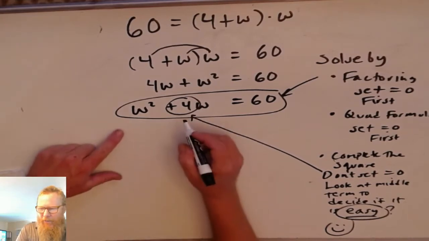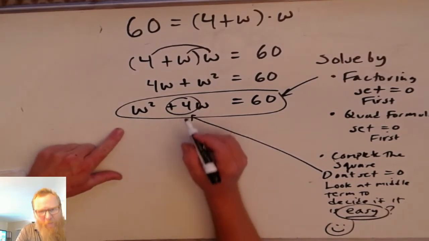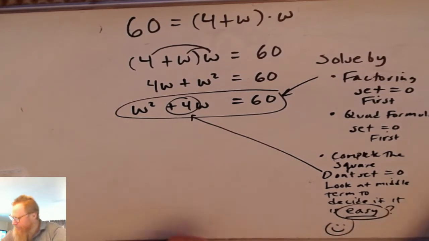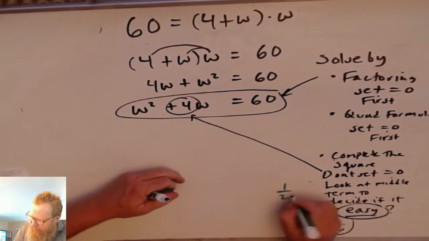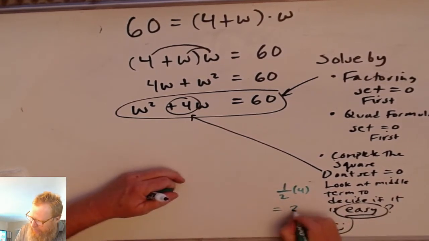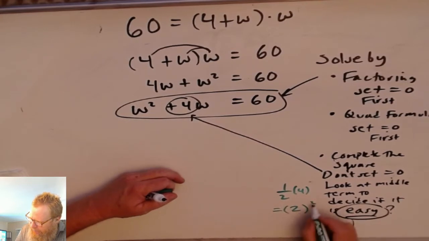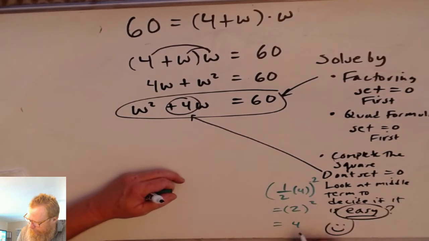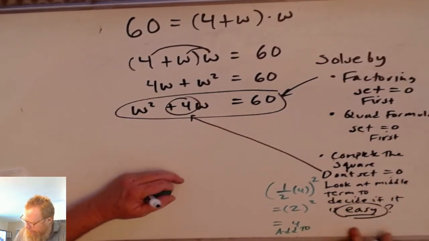Okay, so what's half of 4 squared? Half of 4 is 2. 2 squared is 4. So I'm going to add this to both sides.